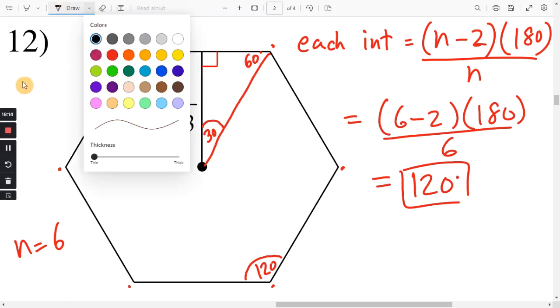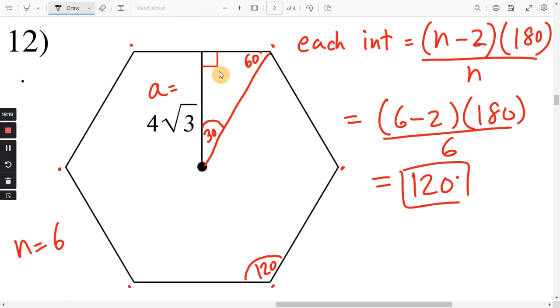All right. So across from your right angle, that's your hypotenuse. Across from your 30 is your short leg. And across from 60, that's your long leg.